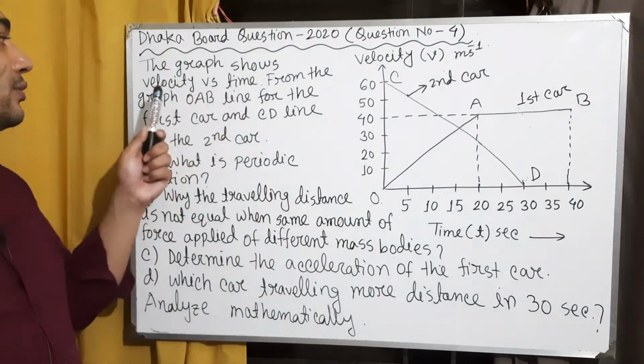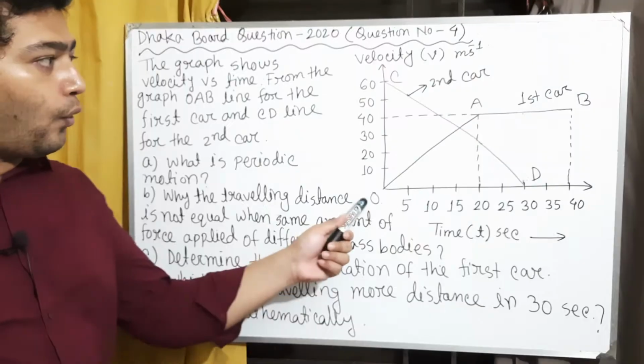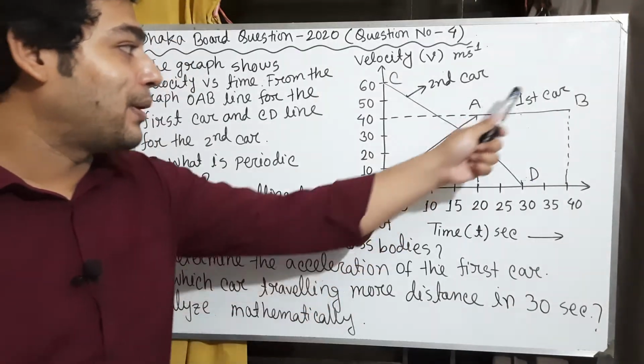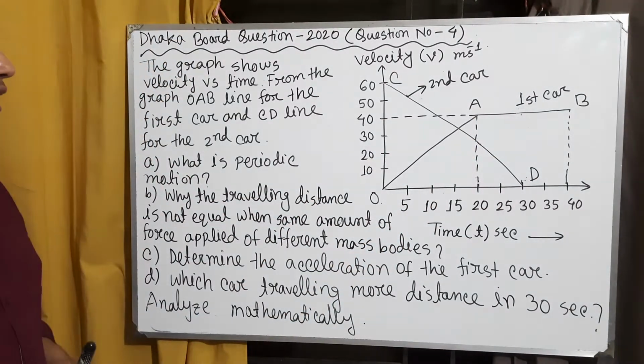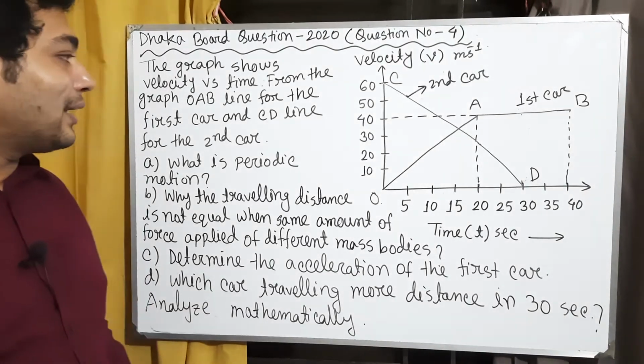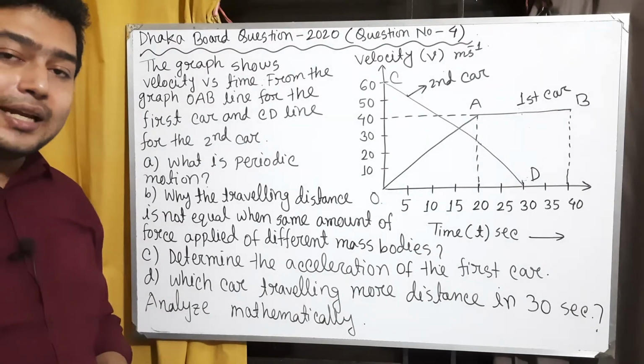The graph shows velocity versus time, with the OAB line for the first car and the CD line for the second car.